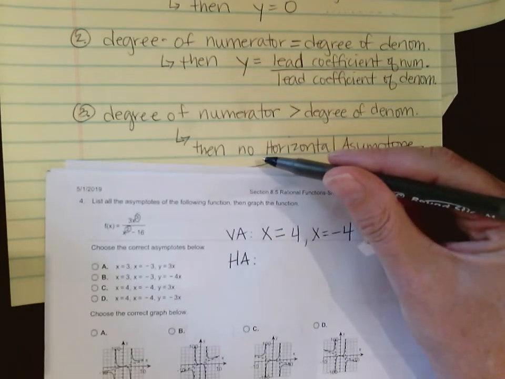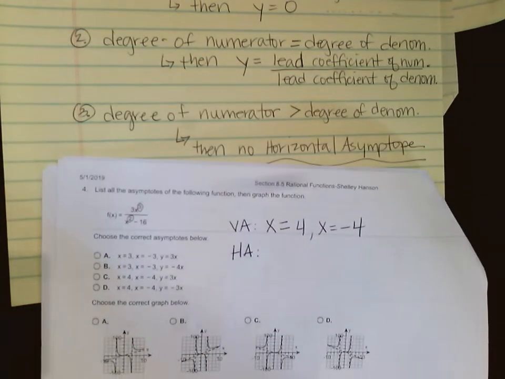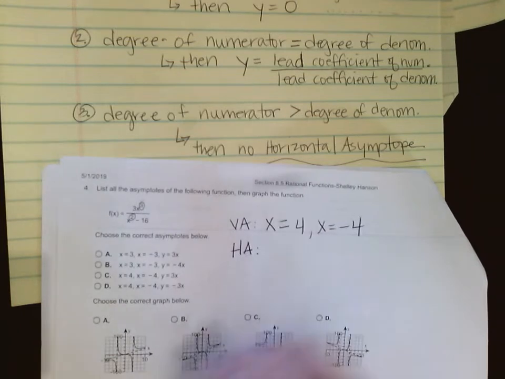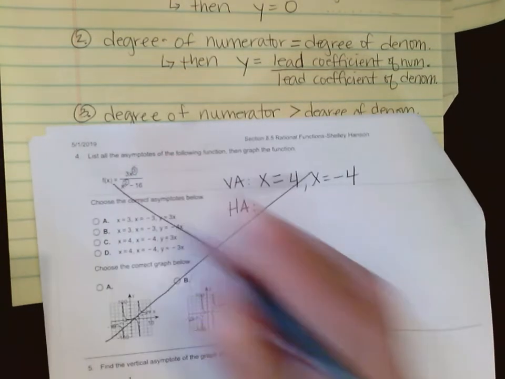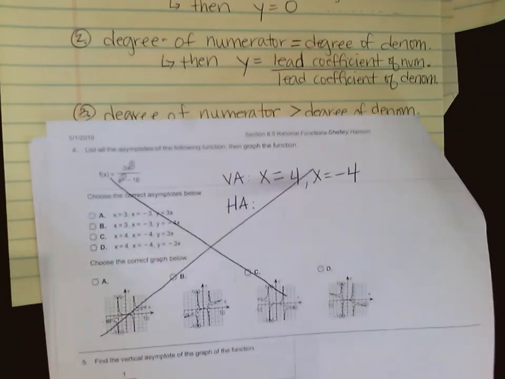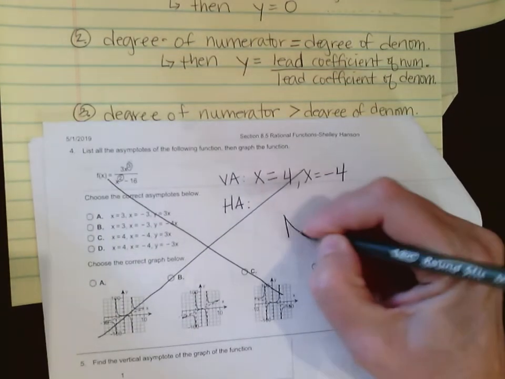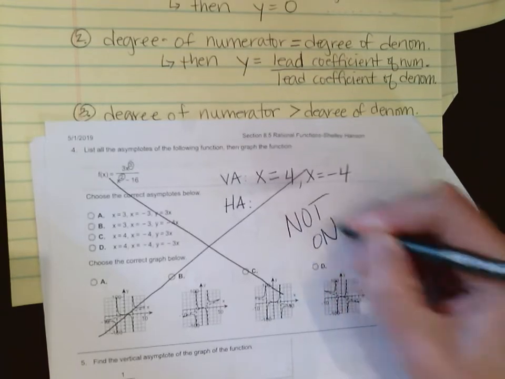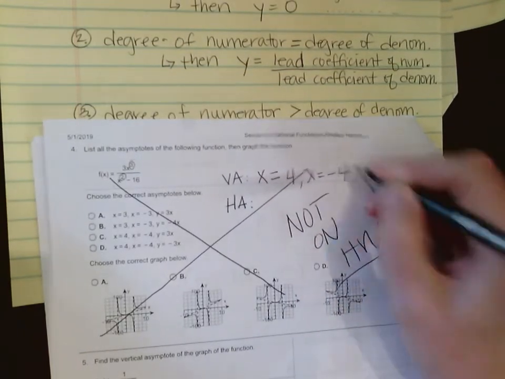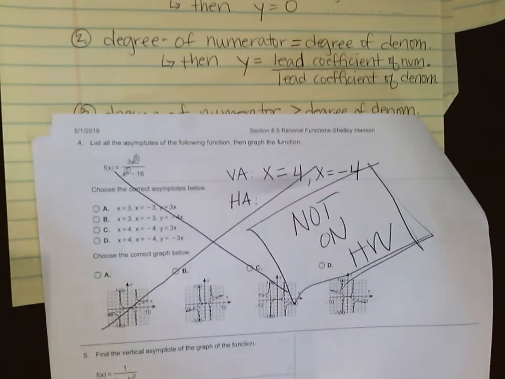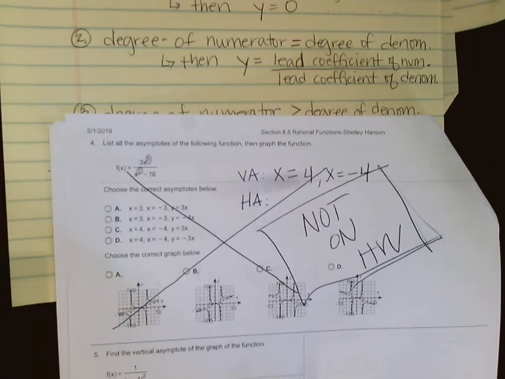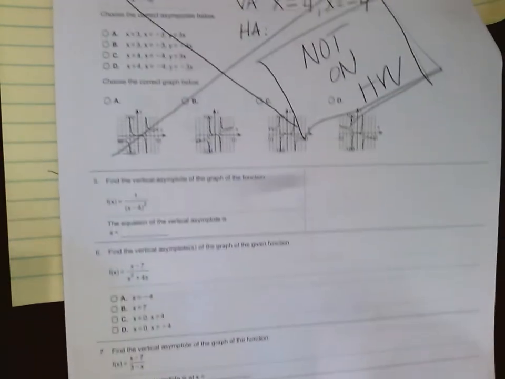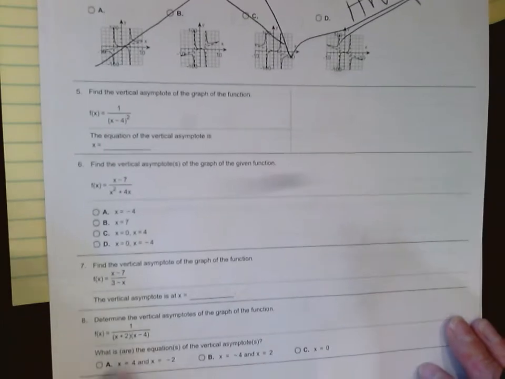There is, oh, this has an oblique asymptote. All right, I just told you there's not supposed to be any oblique asymptotes. So number 4, I'm making a note to take it out of the homework. Wow, so you'll be able to skip that one. I need to remember to take that problem out of the homework list. Okay, so number 4 will not be in your homework list because it does have an oblique asymptote, which it's not supposed to. So again, you'll just be able to skip number 4.